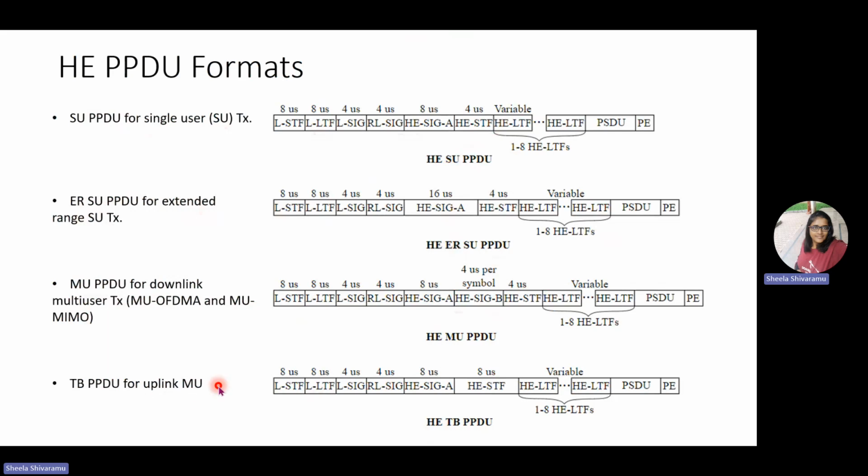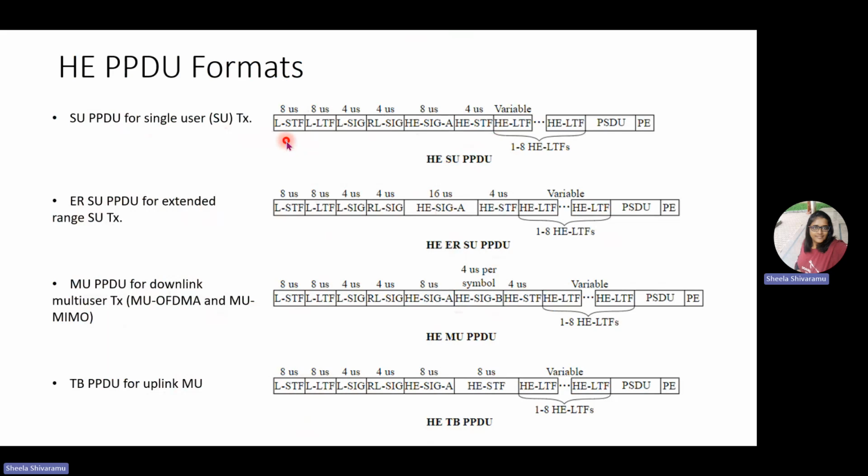And for uplink MU transmission, both for MU OFDMA and for MU MIMO, the HE trigger based PPDU is used. When we see all these four frame formats, one thing to notice is the first three fields, that is L-STF, L-LTF, and L-SIG, are present in all PPDUs, and they are also present in the legacy PPDU formats. This is to support backward compatibility.